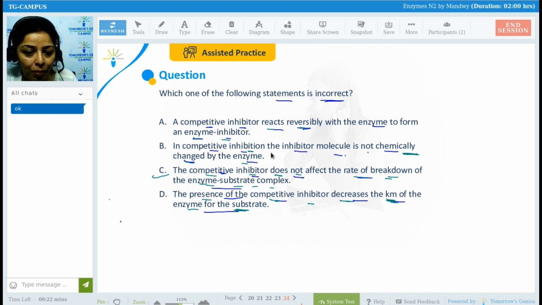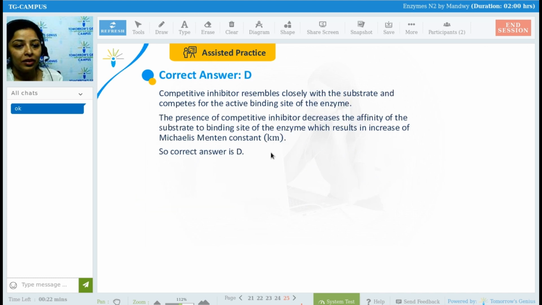And that's why the presence of a competitive inhibitor will not decrease the Km of the enzyme for the substrate. So what will be the answer? The incorrect one is option D, ma'am. Yes. Okay.